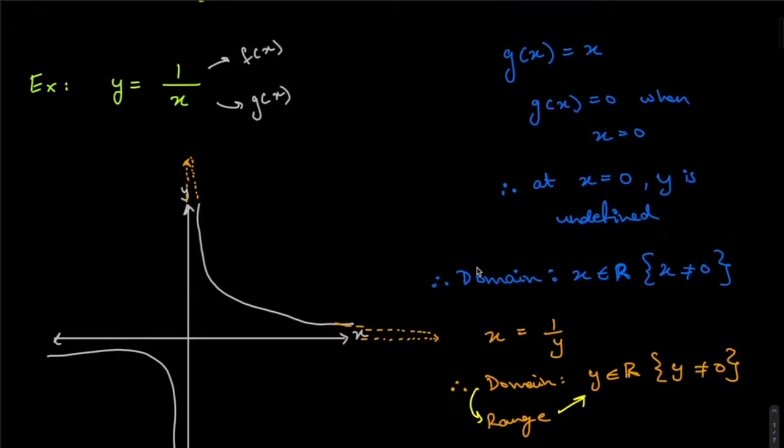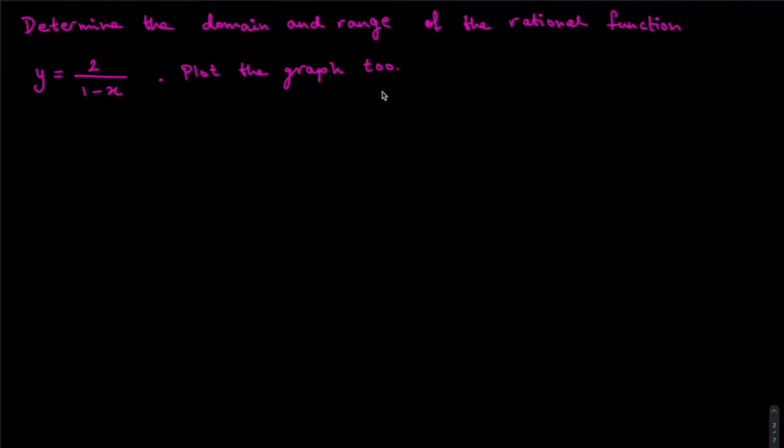So now let's look at a few example questions. The question says, determine the domain and range of the rational function y is equal to 2 upon 1 minus x, and plot the graph too. All right, let's start with the domain first. To find the domain, we always let the denominator equal to 0.